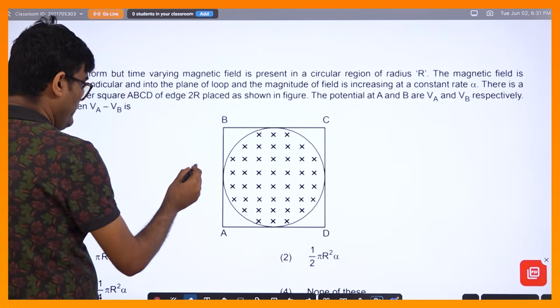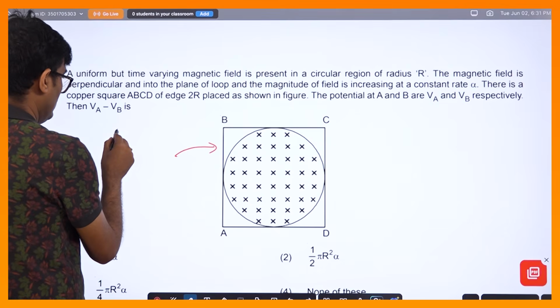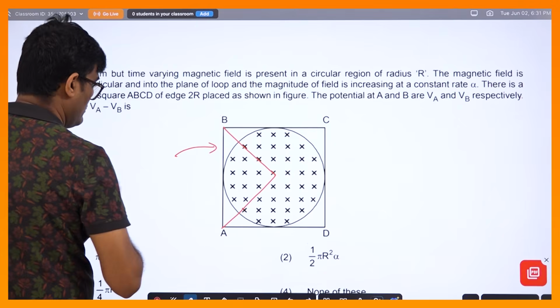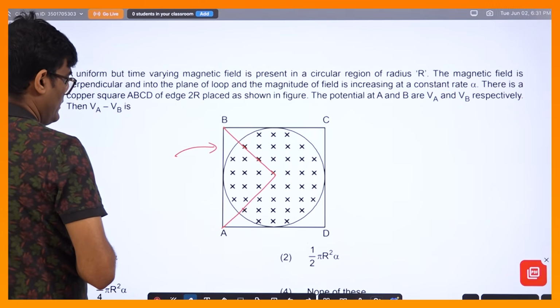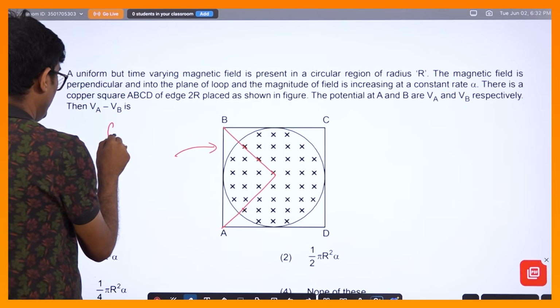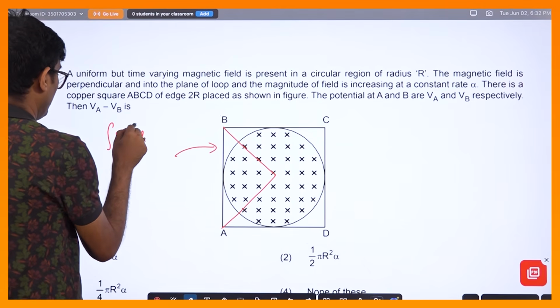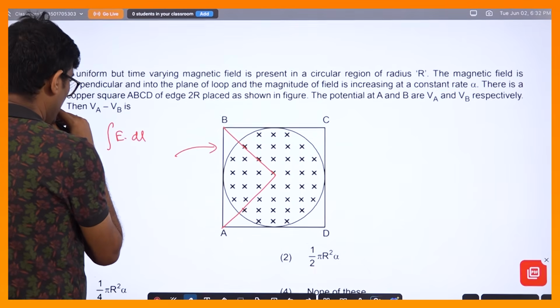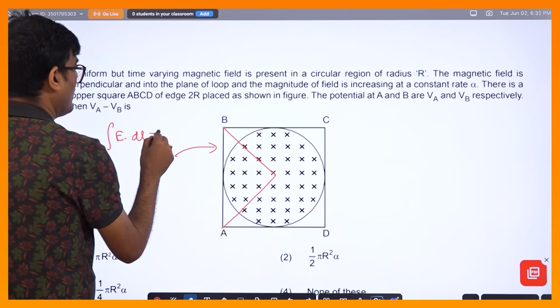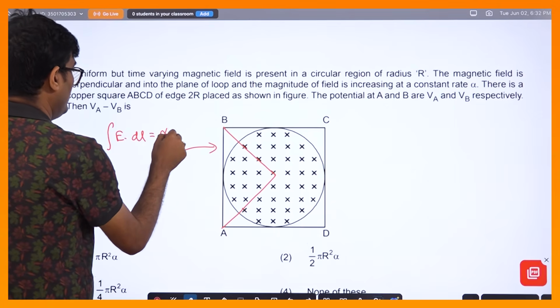Okay. So if I use this one, you do one thing. If I connect it, then we can say that integral of E dot dl is equal to alpha, that is dB/dt, into area.